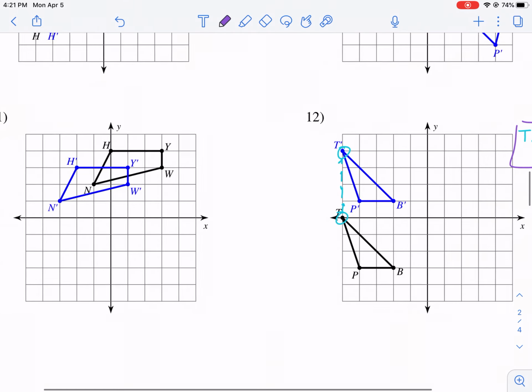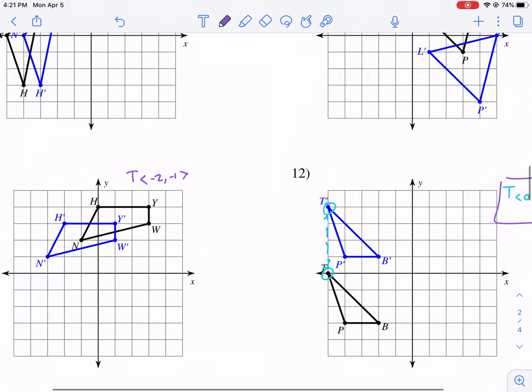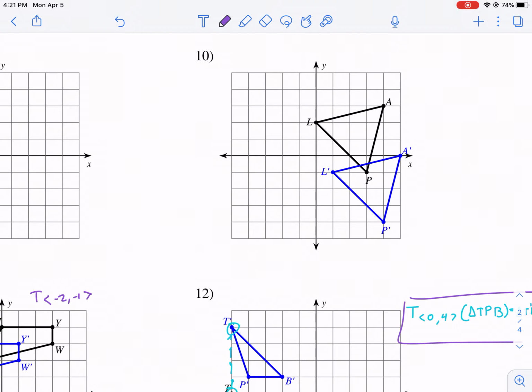As a quick summary for these other ones, it looks here, this one to this one. This would be T, and I'm not going to do the shape just because it's going to take a while, but this would be T -2 comma -1 because we're going down 1 unit, left 2 units. This one would be T translation.